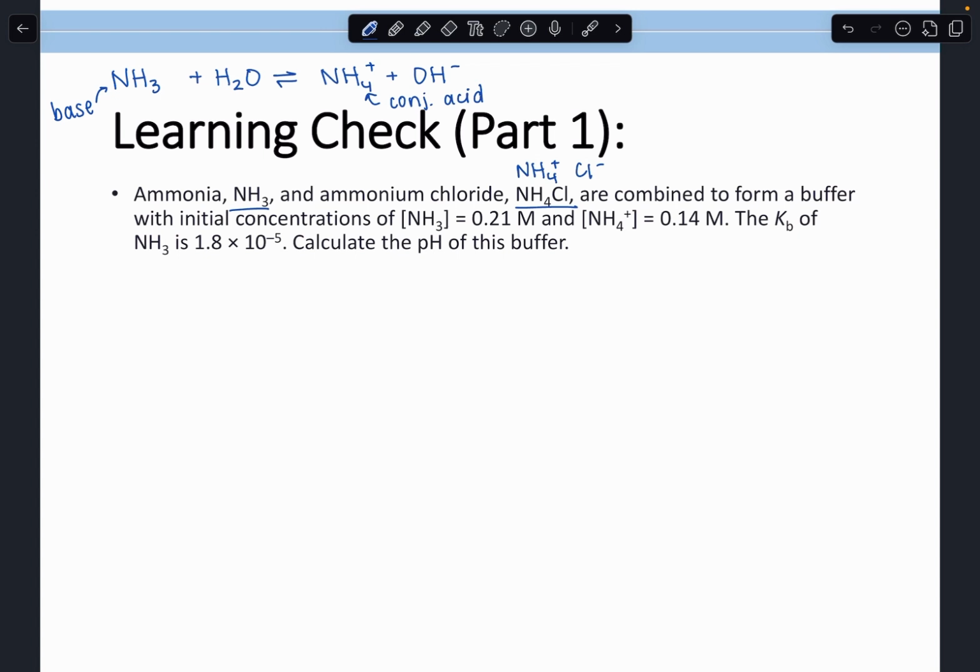We have initial concentrations, and we are trying to find the pH of the final solution. Well, we have an equilibrium reaction. We need to find equilibrium amounts. Got another ICE table.